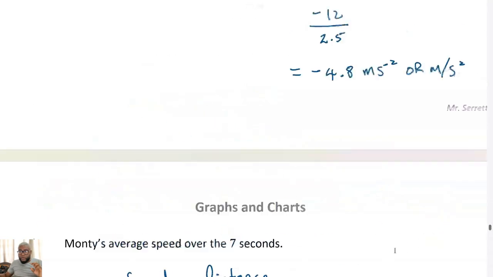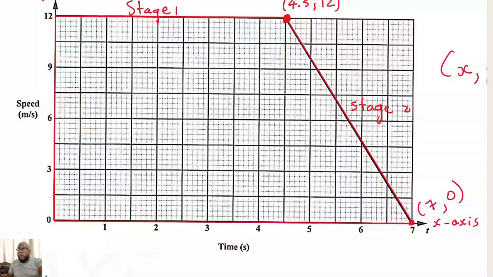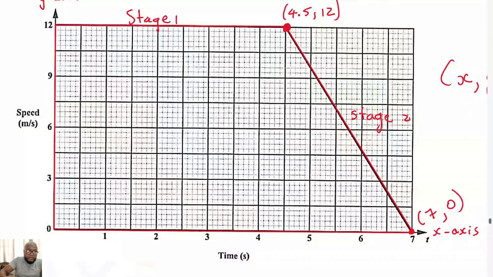The graph they're talking about is my speed time graph, this shape here. So I'm going to complete the shape. The area under the graph is this whole shape here. That whole shape is going to be the distance under my graph.